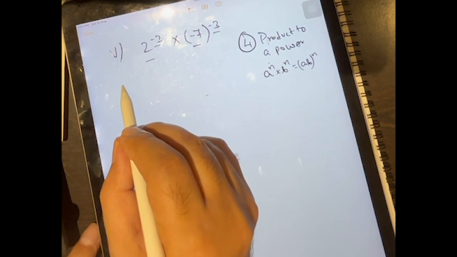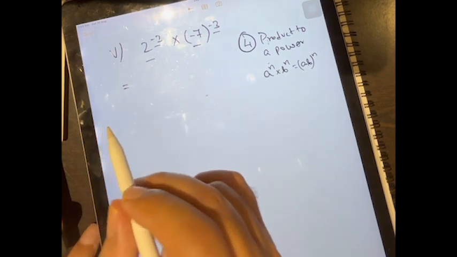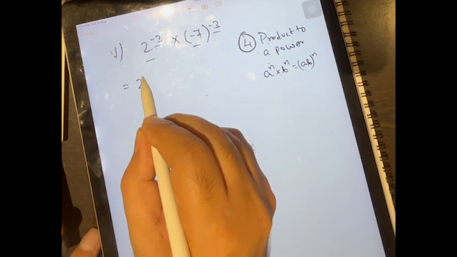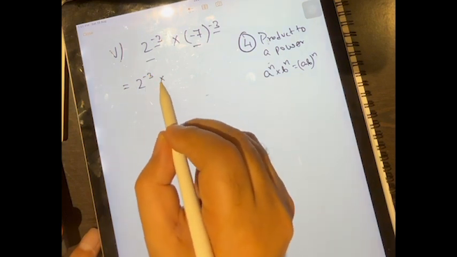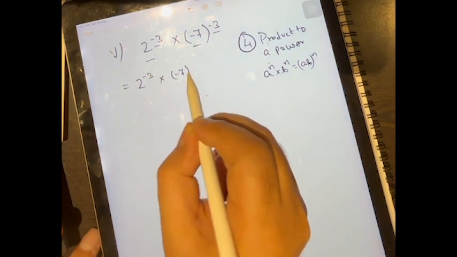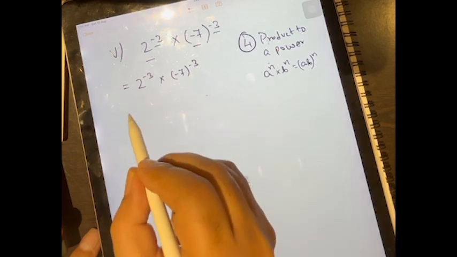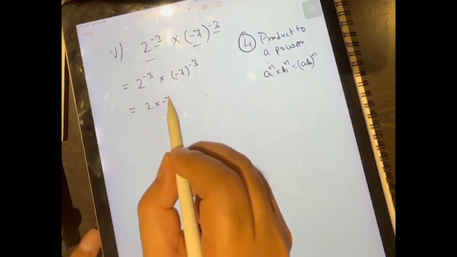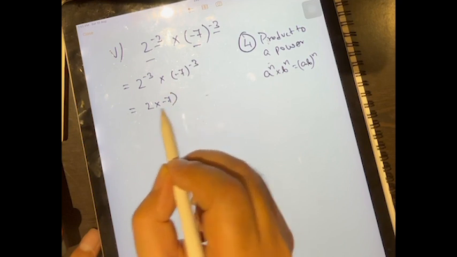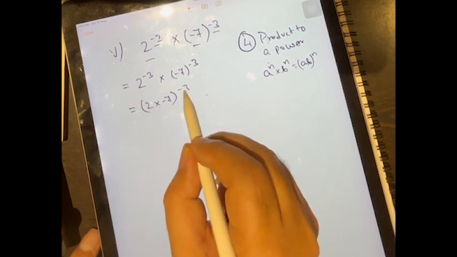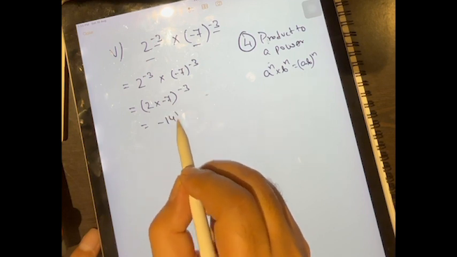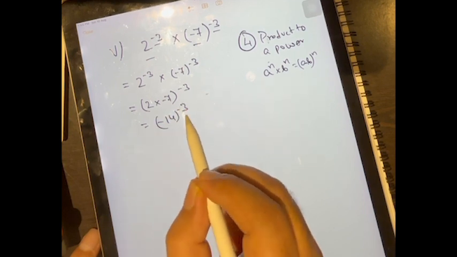So let's see how we can apply this particular law in our question. What we already know is 2 raised to the power of minus 3 multiplied by minus 7 raised to the power of minus 3. This will become 2 multiplied by minus 7, raised to the power of minus 3, which is minus 14 raised to the power of minus 3.